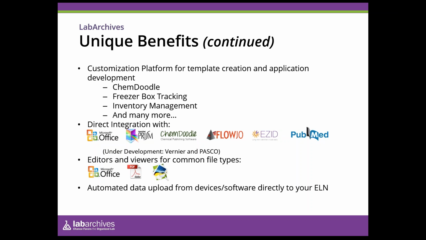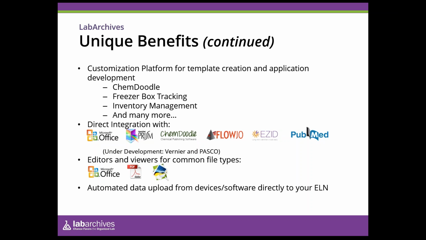We also have direct integrations with several external software providers. We have a Microsoft Office plugin that enables the direct connection in terms of pushing and pulling in and out of Microsoft Office without requiring the downloading and saving to your personal device.